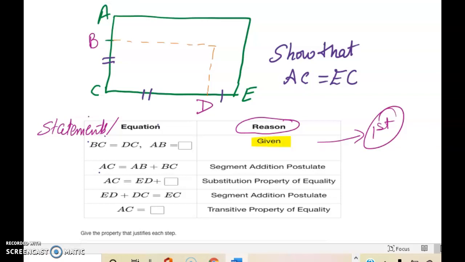Okay. Now, if it is given, BC is equal to DC. They have labeled it with 2 arcs. Then AB is equal to DE, 1 arc.